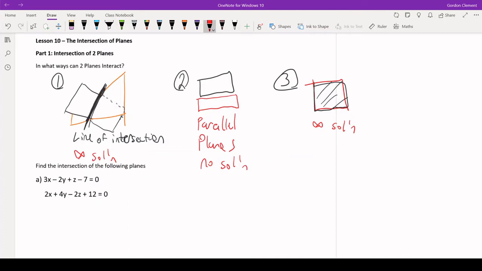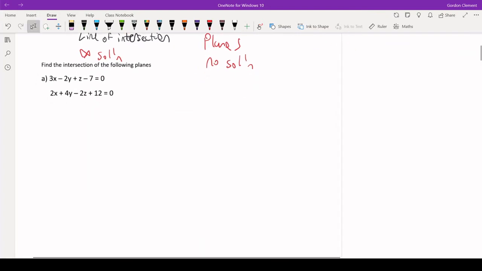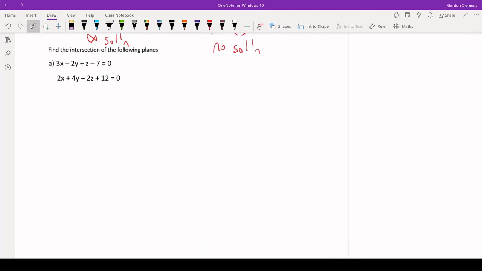The way we organize the information is with something called a matrix. A matrix is just a box of numbers. If you've taken data management, you might have seen matrices before, but we're going to do very different things with the matrix. It's just a way to organize information.